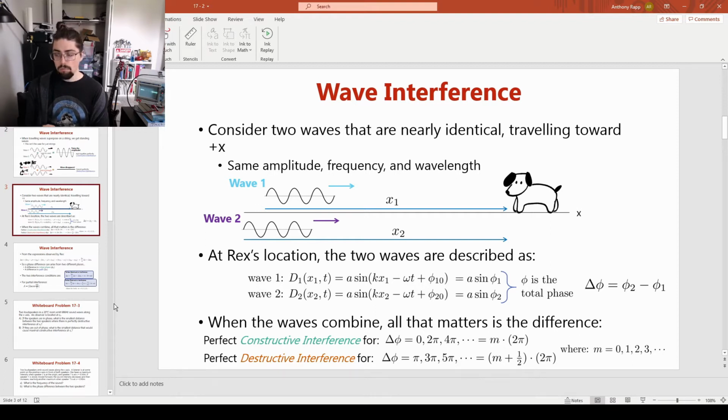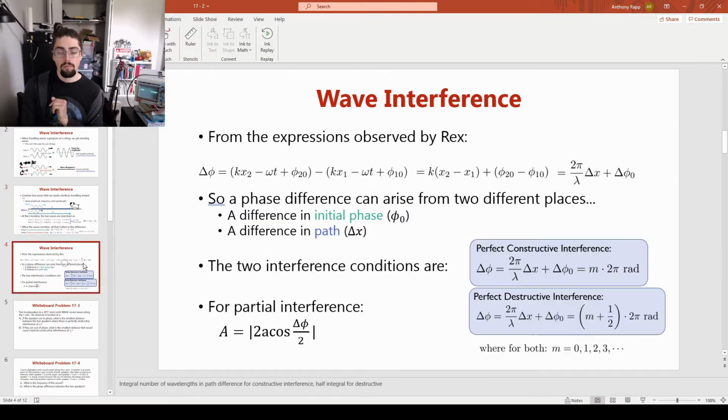So now, there's a couple different ways that we can cause these things to be the way that they are. When we're actually going through and solving this, here's what we end up with. We take our phase difference, delta phi, and now I want to keep some definitions apart. We've got a phase difference, delta phi, at a particular spot.